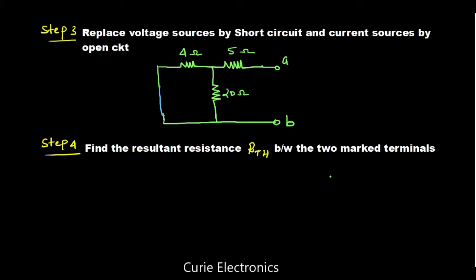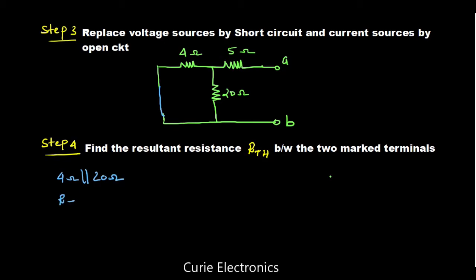Now step 4. Find the resultant resistance RTH between the two marked terminals. So we have to find RTH between A and B. If you see, these 4 ohm and 20 ohm resistors are in parallel. So 4 ohm parallel with 20 ohm. What do we get?